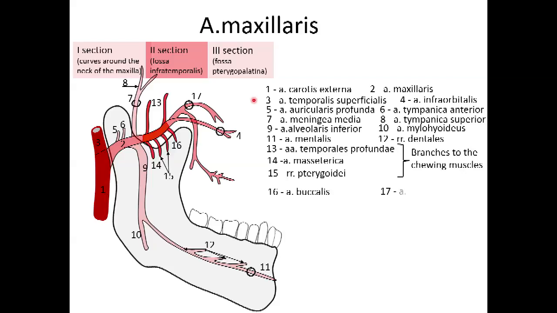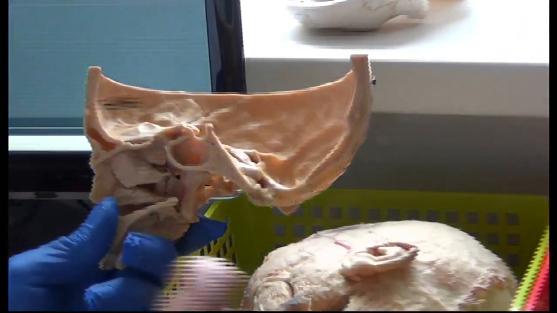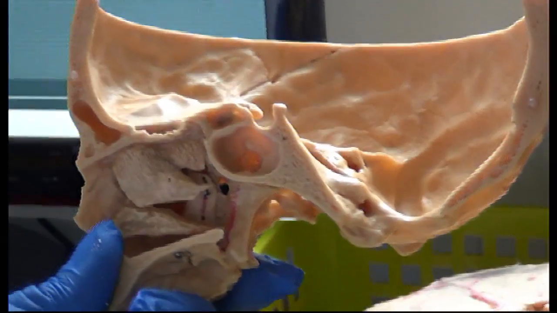Number 17 is arteria sphenopalatina. You remember that from the fossa pterygopalatina it is possible to enter the nasal cavity by means of arteria sphenopalatina. I'd like to demonstrate this on this sagittally cut skull.